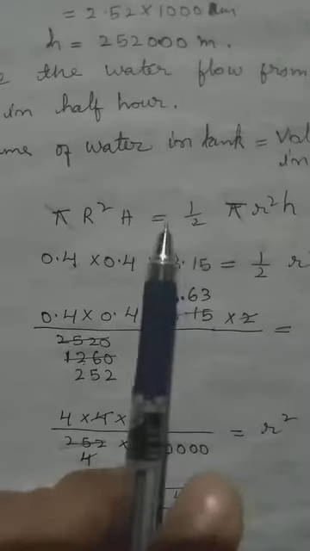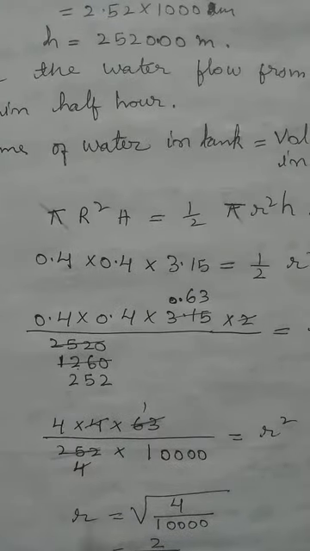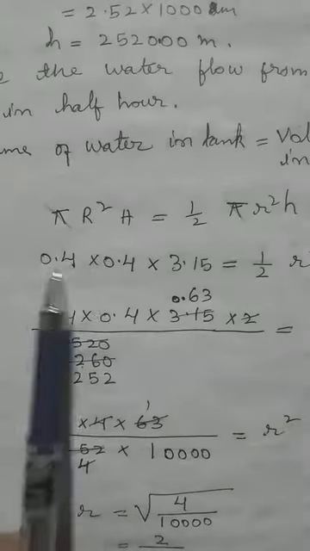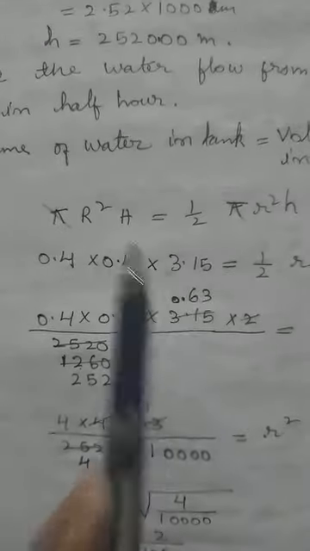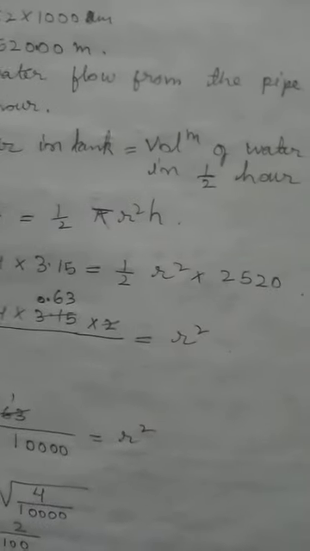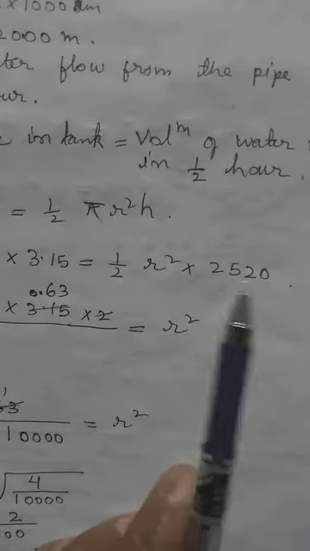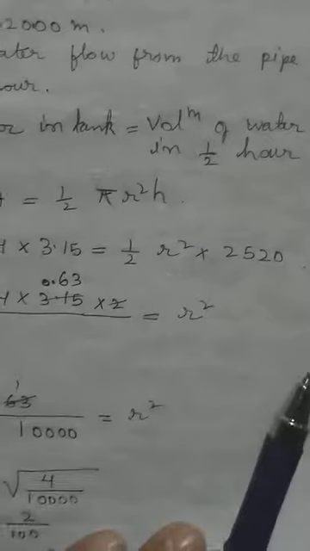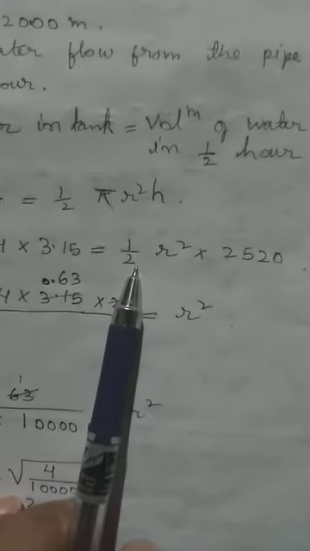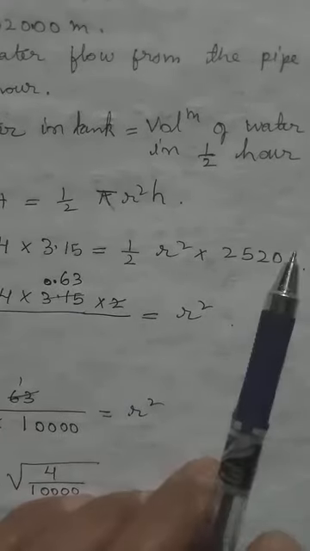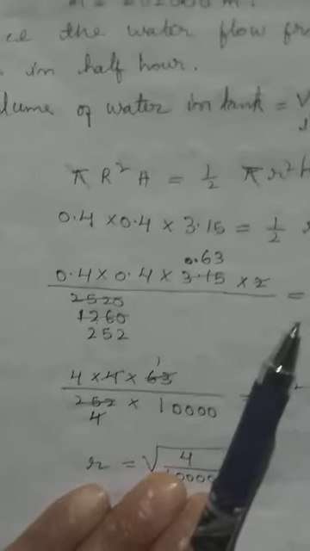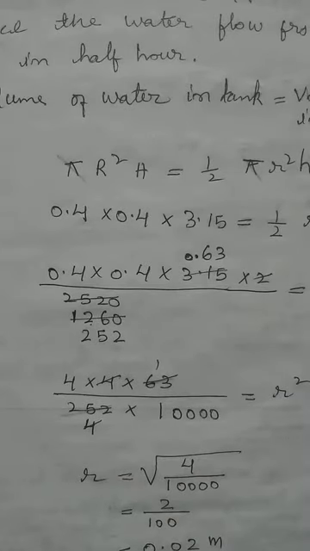So if you see from both sides, pi is common, we can cancel. Capital R we know is 0.4, h we know is 3.15, then 1/2 remains the same, r we don't know, h we know is 2520. So we want to find r square. The one which is down, cross multiply up; the one which is up, bring it down. So let us try to cancel it.